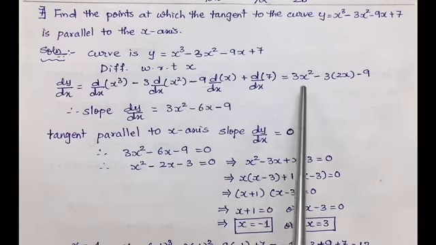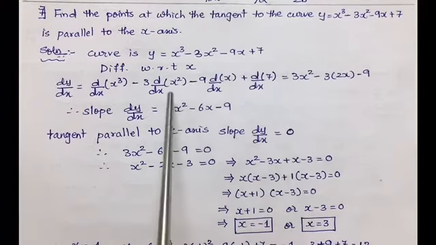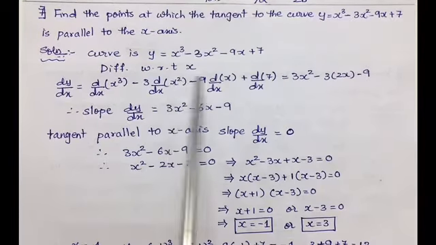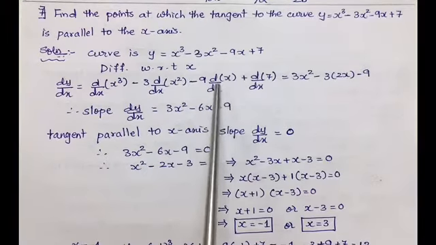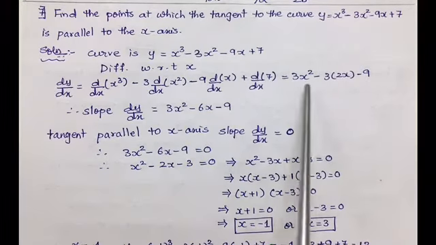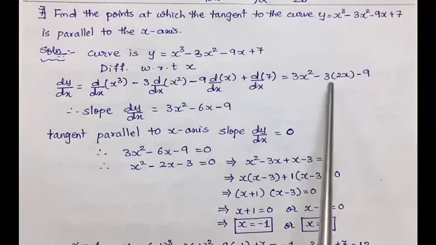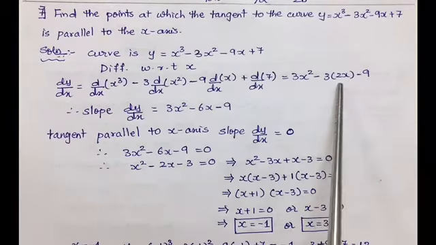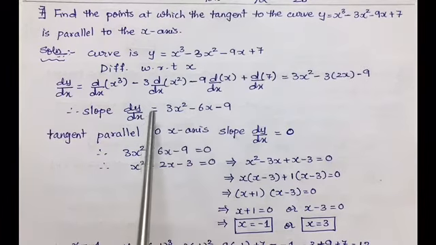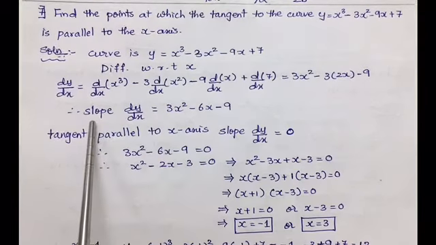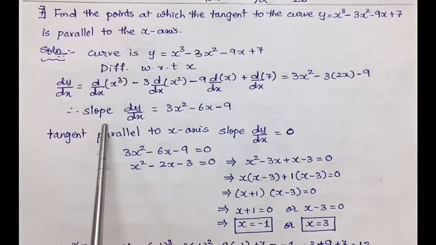Derivative of x cube is 3x square. Derivative of x square is 2x. And dx by dx is 1. So we get here 3x square minus 6x minus 9 as the dy by dx, and that becomes slope of tangent.